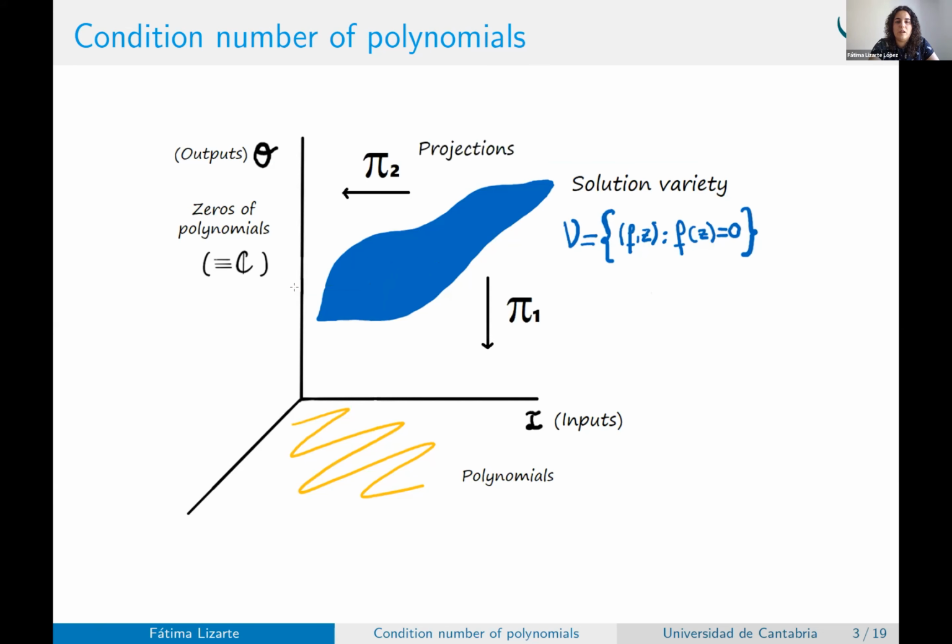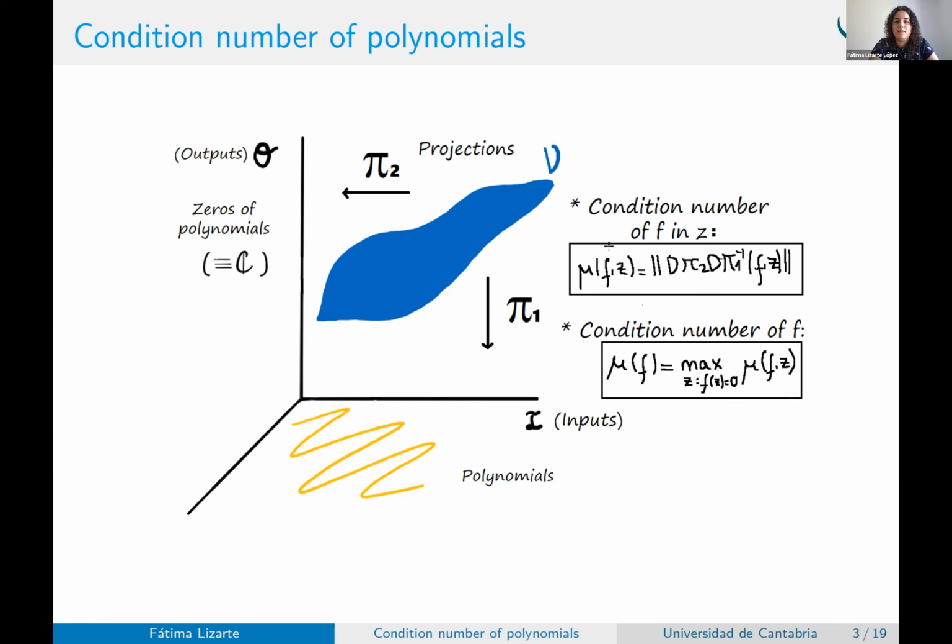So, considering the natural projection, the condition number of the polynomial f in the root z can be defined in this way, because we want to measure in this direction how the root z changes under a small perturbation of f. If no concrete root is mentioned, then we take the worst case, that is, we take the maximum of the condition number of the polynomial f among all its roots. If the root z is a multiple root, then by definition, its condition number is infinite.